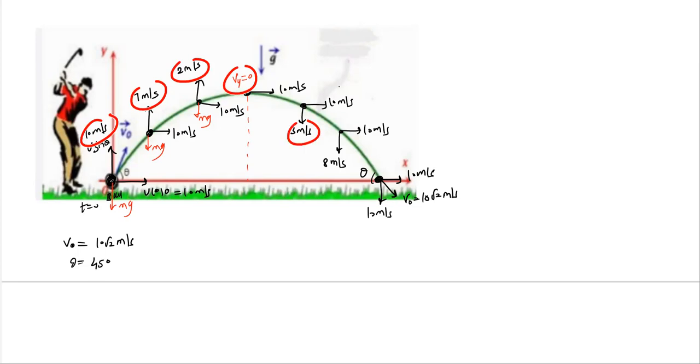Again it starts increasing: 3, 8, and again it becomes 10. So along the y-axis, the vertical component will decrease, become 0, then increase. Along the x-axis, it remains constant all the time. And this path will be a parabolic path.